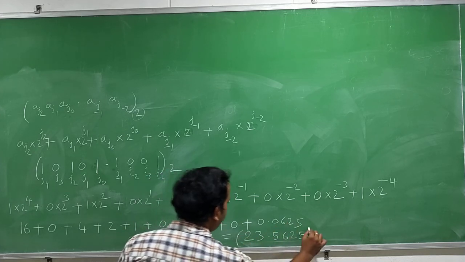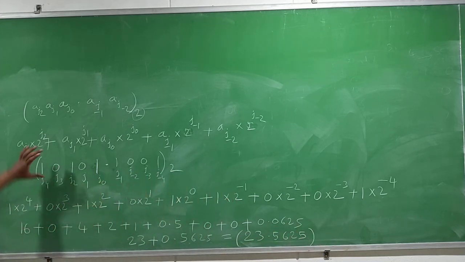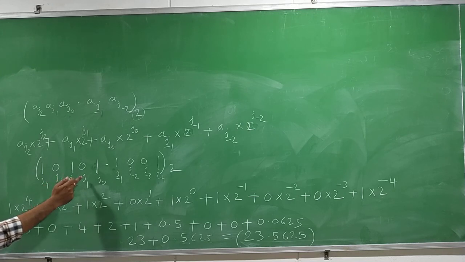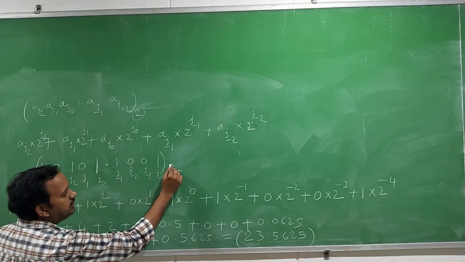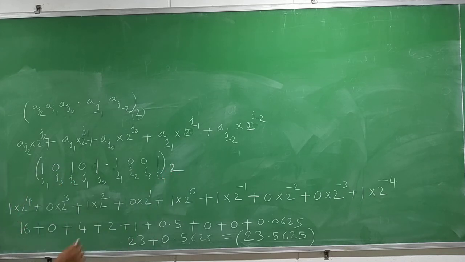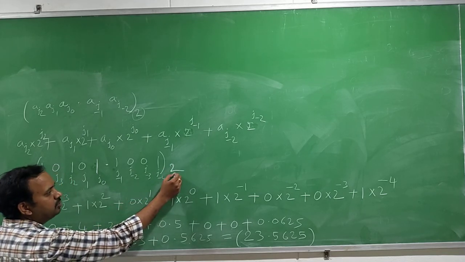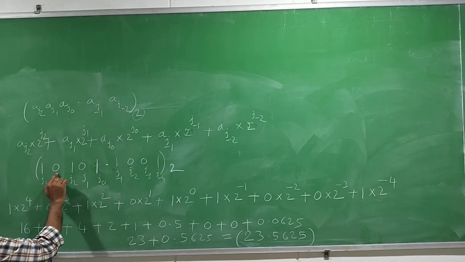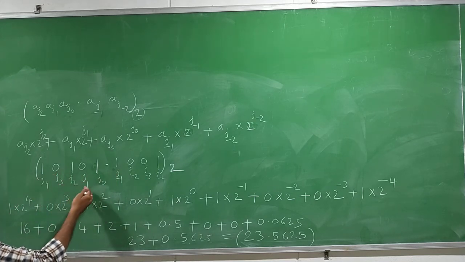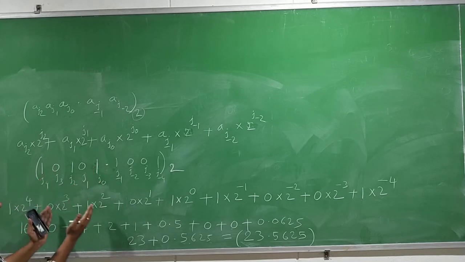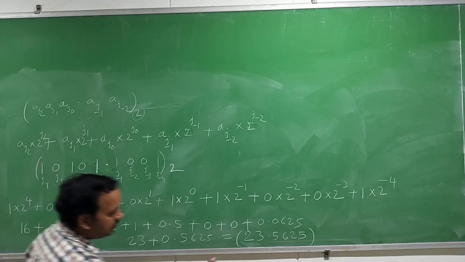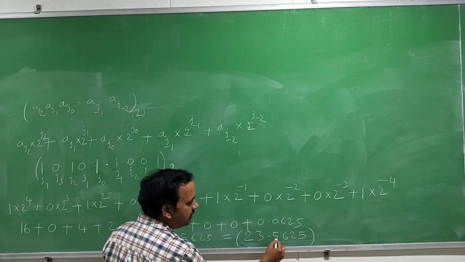Now you tell me, this is the binary number I have given, 10101.1001 with radix 2. In the binary number system with radix 2, you don't have any number except 0 and 1, right? But when you put this number into this format, as we have done in the decimal number system, finally you will get this number, 23.5625.